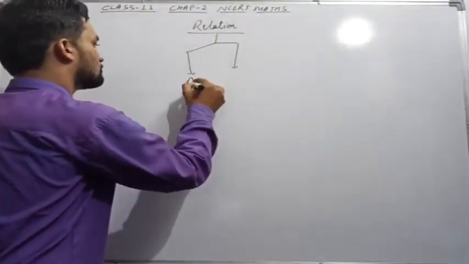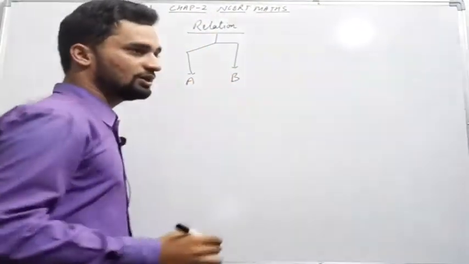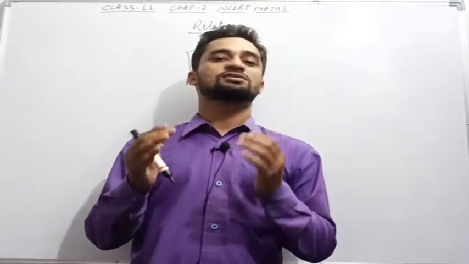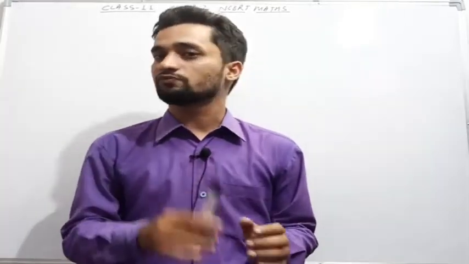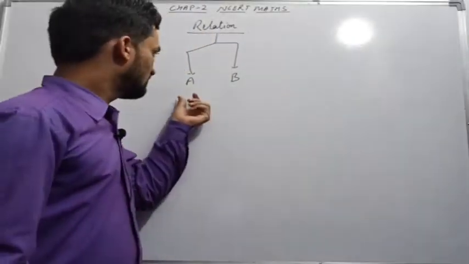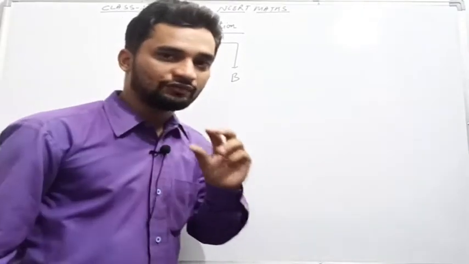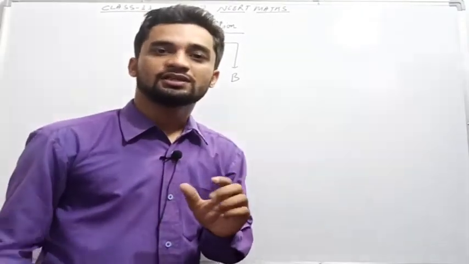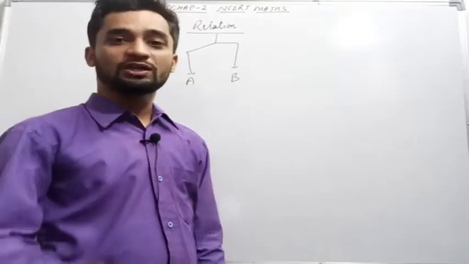So one set is suppose A and one set is suppose B, and we consider both as non-empty sets. Because if any one of the two sets is a null set or empty set, then the Cartesian product will also be a null set.